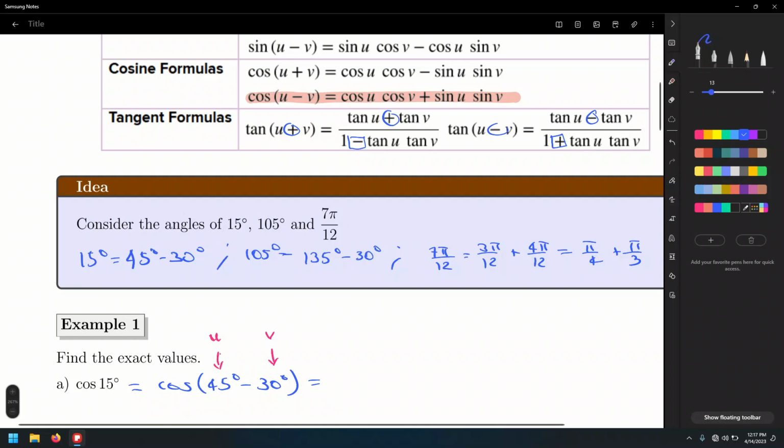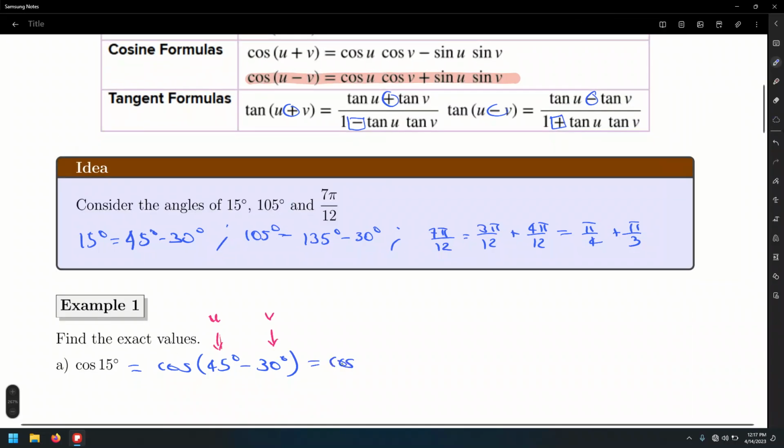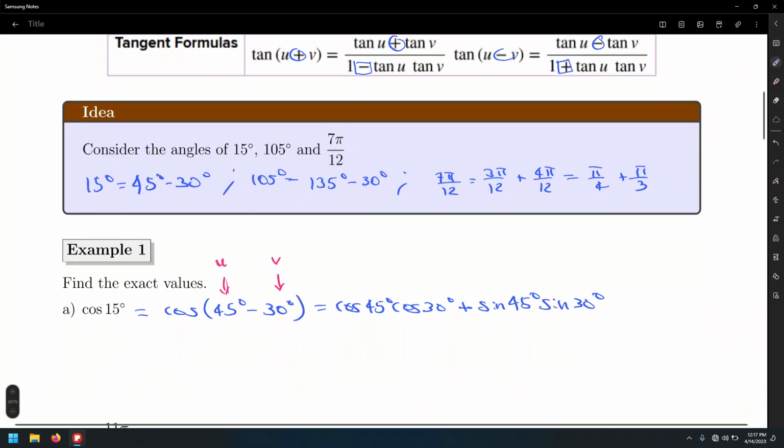So if we use this formula, we can write this as cosine of 45 degrees times cosine of 30 degrees plus sine 45 degrees sine 30 degrees. And well, I guess we can evaluate these four quantities from the values we know from the unit circle.